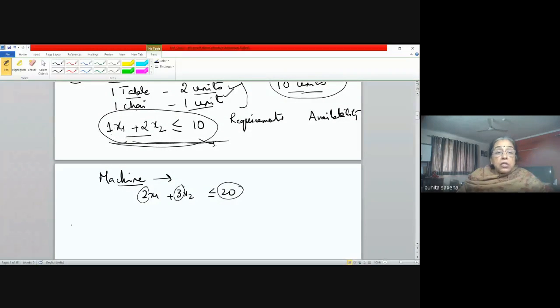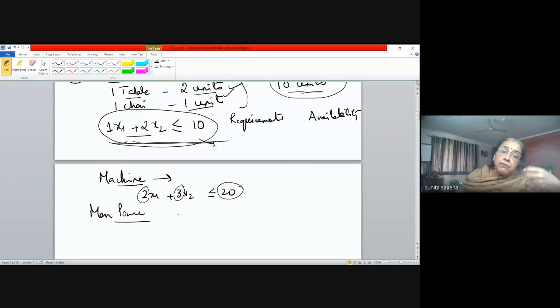The third constraint could be the manpower, the labor who are making that. That could be in terms of some amount of man time, man hours, like how many hours are needed by a particular worker on that particular thing. But again, manpower is limited. I cannot ask an employee to work for more than 8 hours a shift.